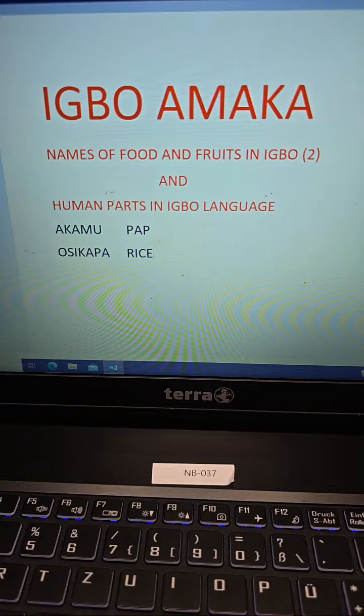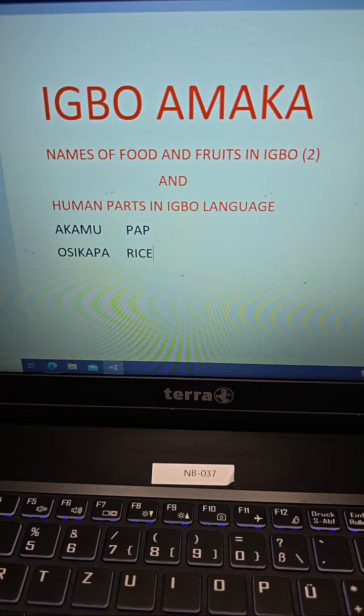And today rice is known as osikapa. Rice, osikapa. And we have honor.